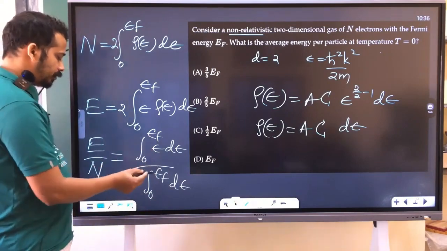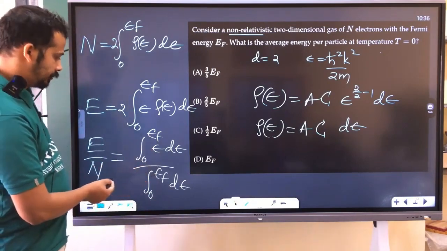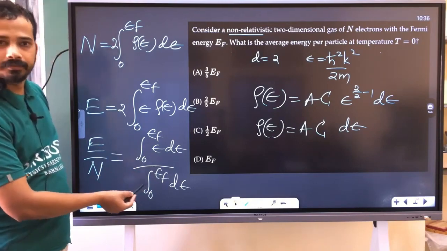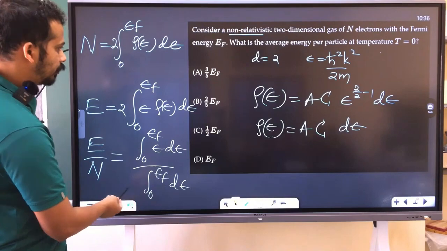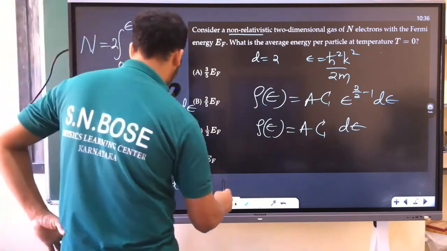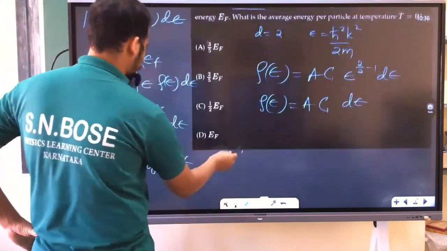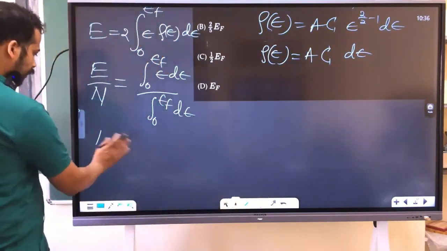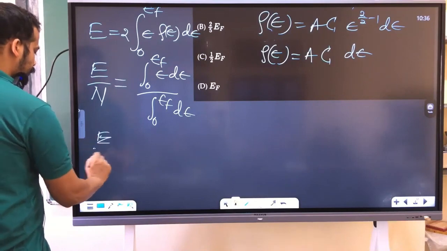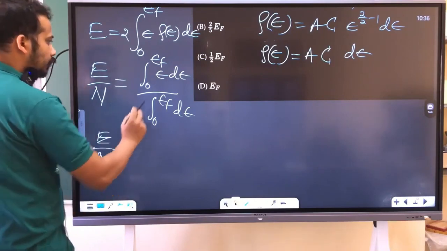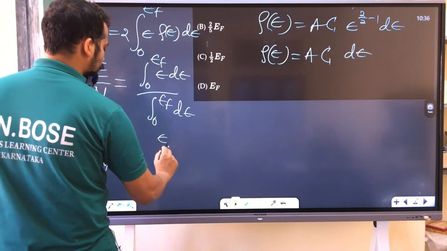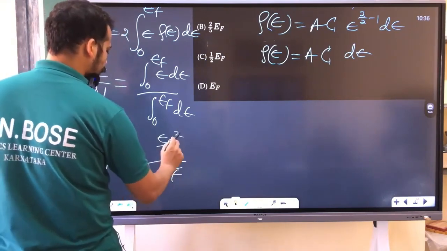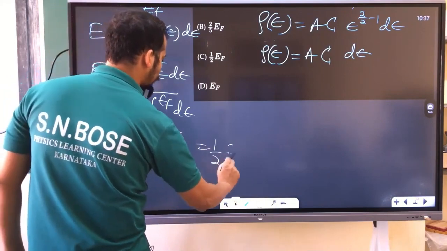This is EF²/2 divided by EF, which is equal to half of EF.